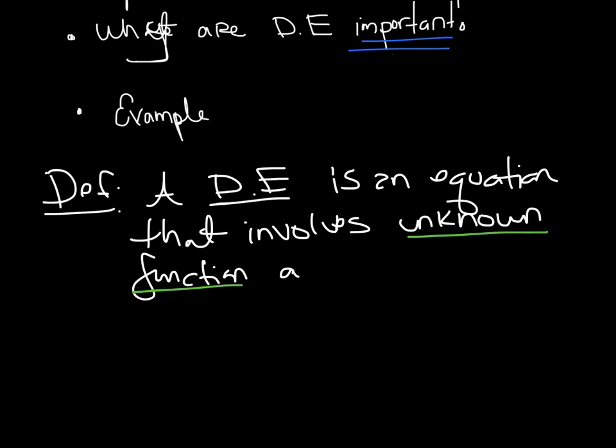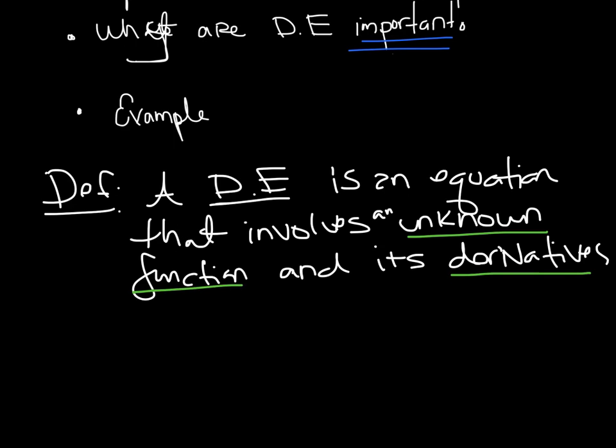And secondly, its derivatives. Right? It might have one derivative, two derivatives, depending on the equation. So a differential equation is an equation that involves an unknown function. So we can say an unknown function or unknown functions, and its derivatives.